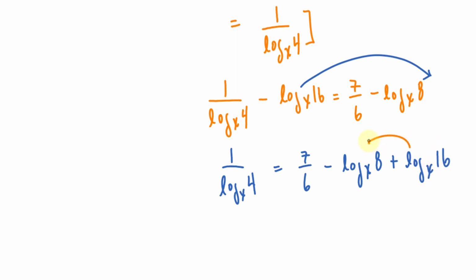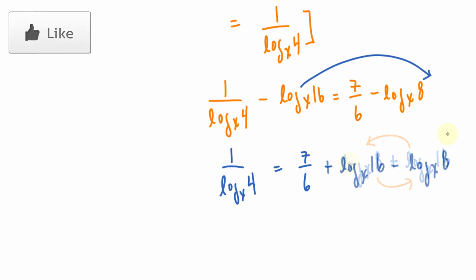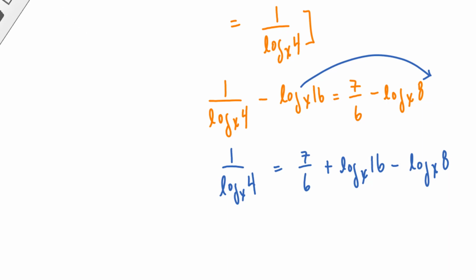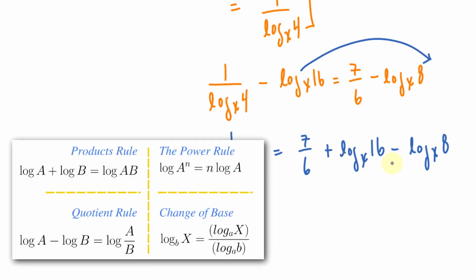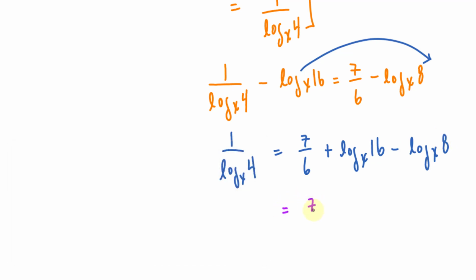I'll change the position of these two terms, that way this one is first and that one is second. A little bit of editing magic there. And now we'll apply the log rule, where if we have two logs of the same base being subtracted, we can divide the arguments. So here we have 16 divided by 8. So 7 over 6 plus log base x of 16 divided by 8, which is 2.